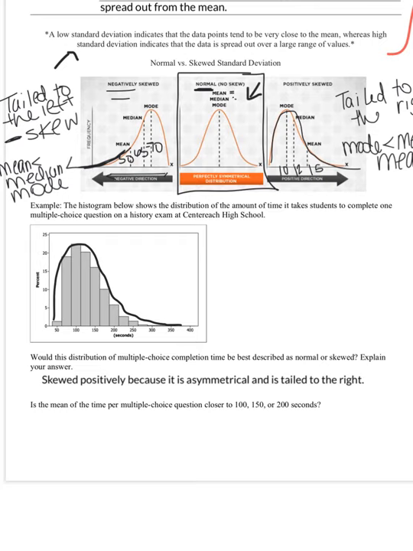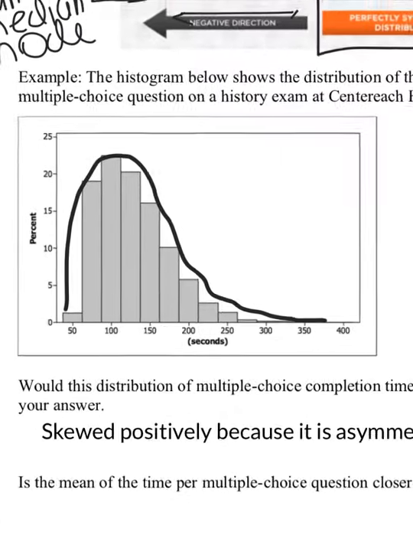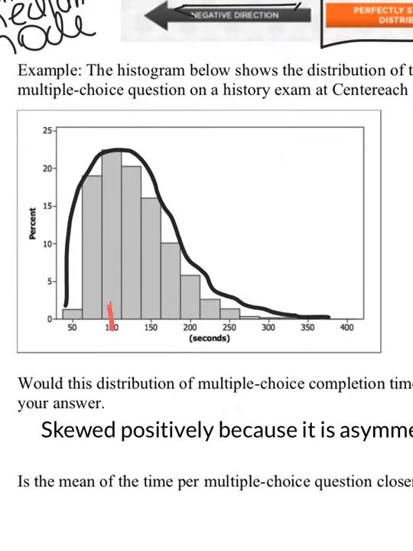Is the mean of the time per multiple choice question closer to 100, 150, or 200 seconds? So if we label these three things, 100 is right here, 150 is right here, and 200 is over here. So if you remember, this is the mode right here. The mode is the highest.